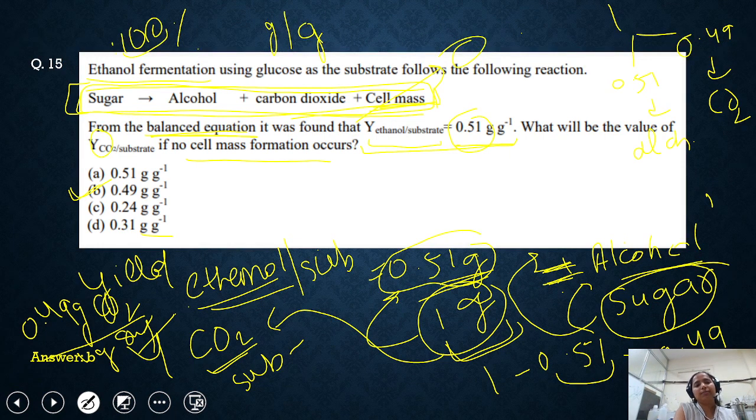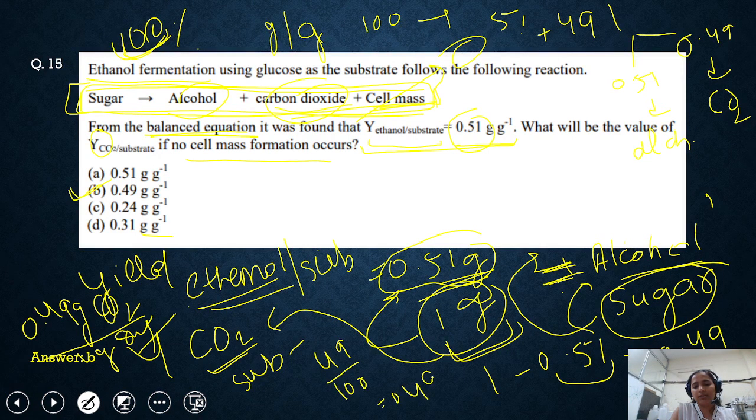From 100, if 51 forms the alcohol, then the remaining 49 will form the CO2. But when you answer, it is 49 upon 100, so it will come 0.49, that is gram per gram.